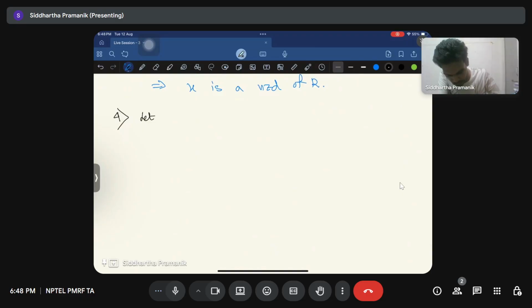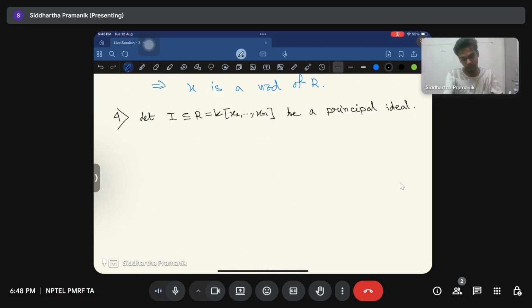So let I, a subset of R, where R is the polynomial ring in n variables, be a principal ideal. And also let this be a monomial order in R. Okay, so I is a principal ideal, and we have taken a monomial order in the polynomial ring.